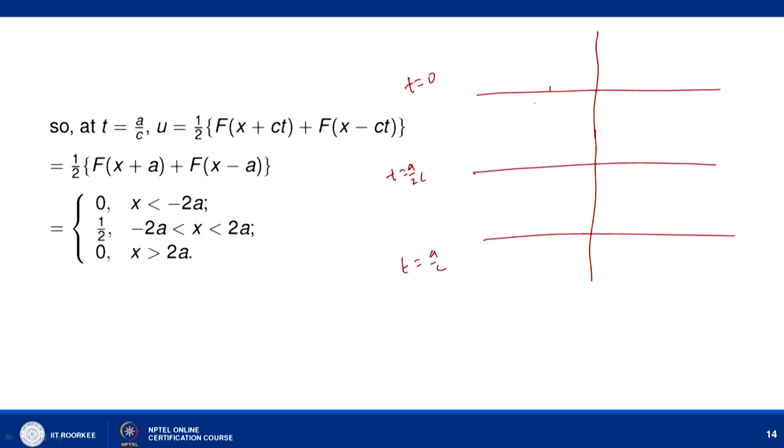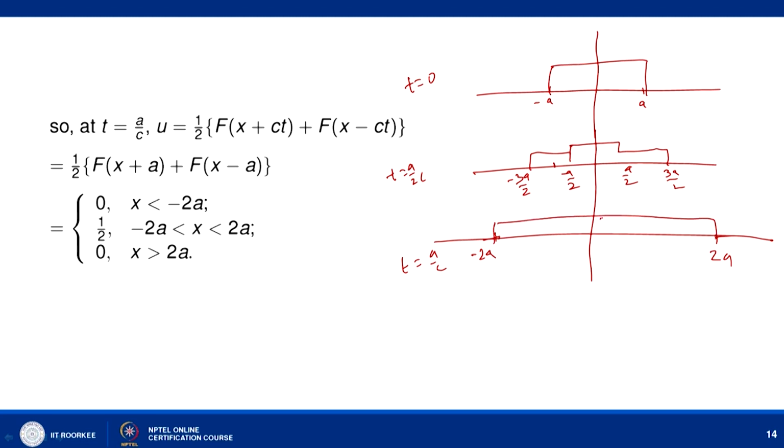So, it is minus a to a, rest it is 0, and here it is this, and minus 3a by 2, so 3a by 2, and minus a by 2, a by 2. So, this we have already seen. Now, here at t equal to a by c, beyond minus 2a to plus 2a it is 0, and between minus 2a to a, it is half only. So, it is now reduced to half.